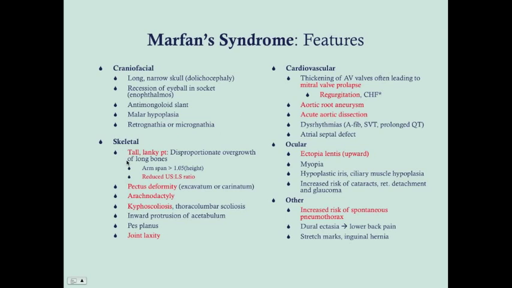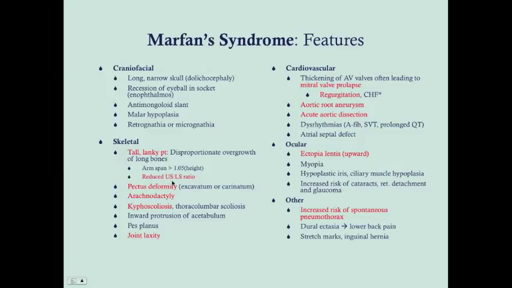Skeletal features are probably going to be the most obvious. So Marfan syndrome is characteristically a tall, lanky patient with long arms and long legs, disproportionate overgrowth of the long bones, so humerus and femur. The arm span is usually longer than the height by just a little more than 100%, so 1.05 times the height.